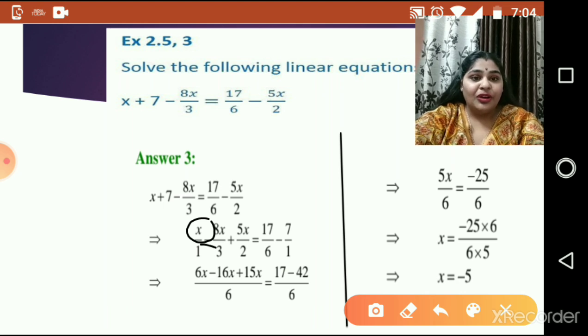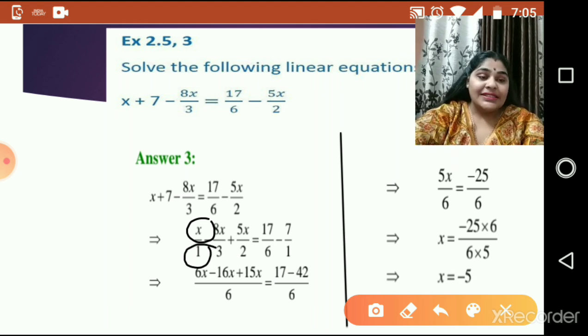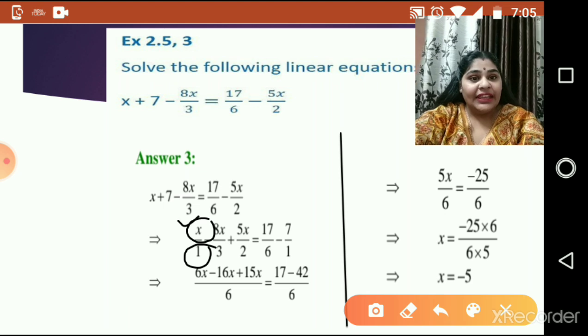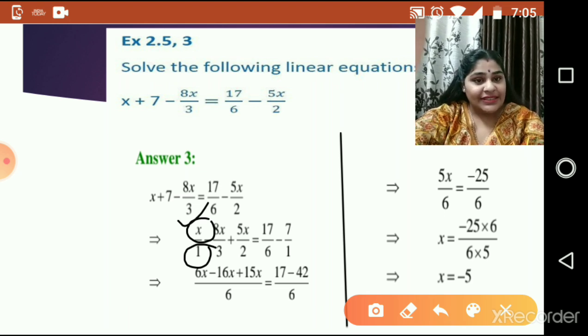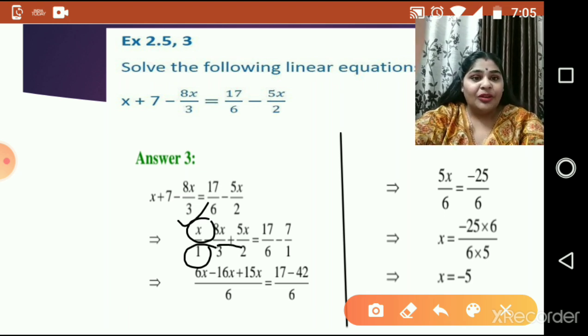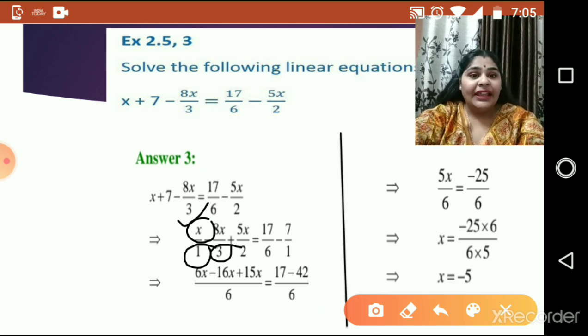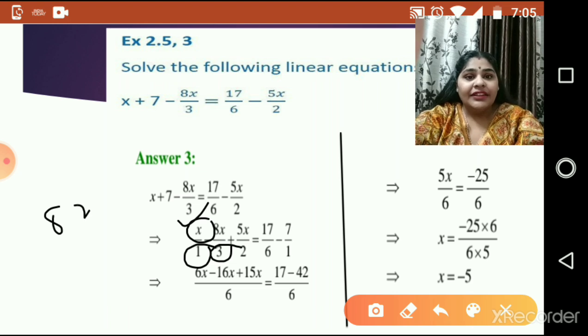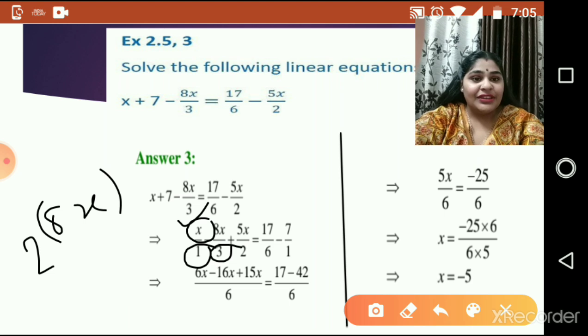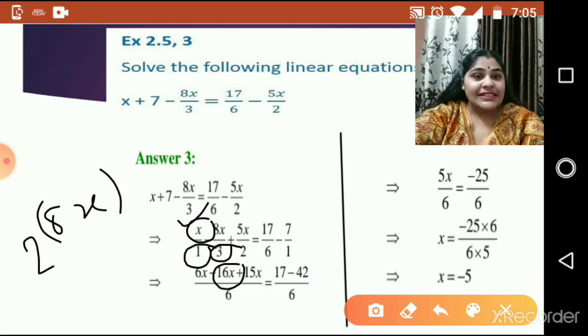I know the denominator is 1, so 1 6 is 6. So I'll multiply x by 6. So it is 6x. Now here the denominator is 3. I know 3 2s are 6. So I'll multiply 8x in the numerator by 2. It becomes 16x. So here you can see it is negative 16x. And here in the last term, it is 5x upon 2.